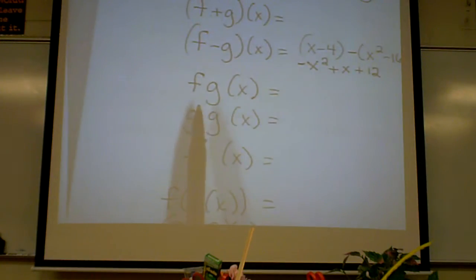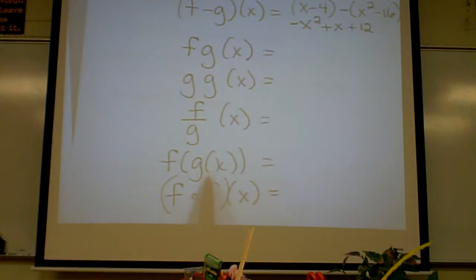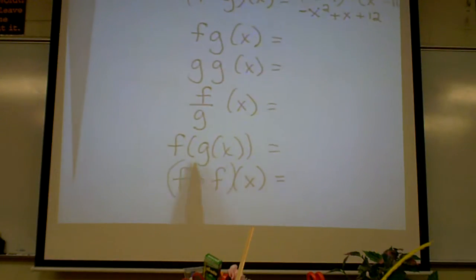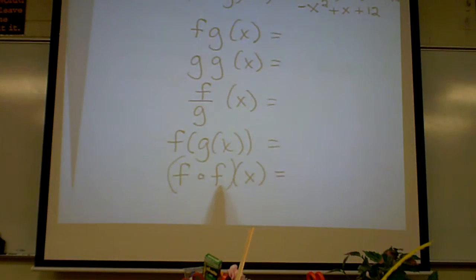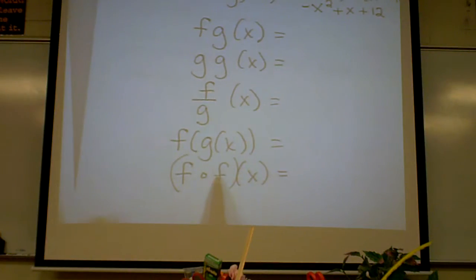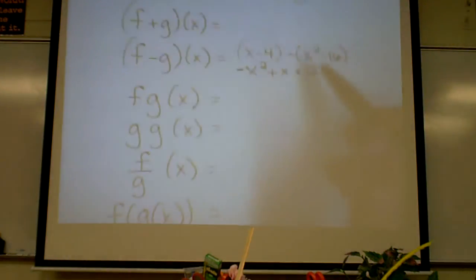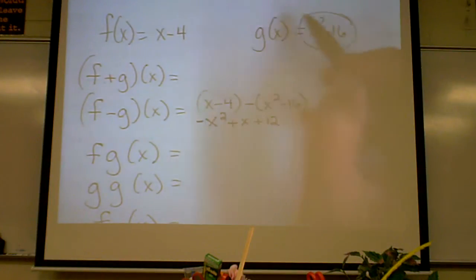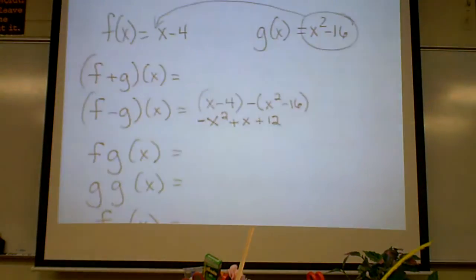Does everybody know what this notation means versus these two? What are these two? What does that mean? You put the one in. You plug it in for X. Okay, so for this one, it means take this and plug it in here and make sure you simplify.